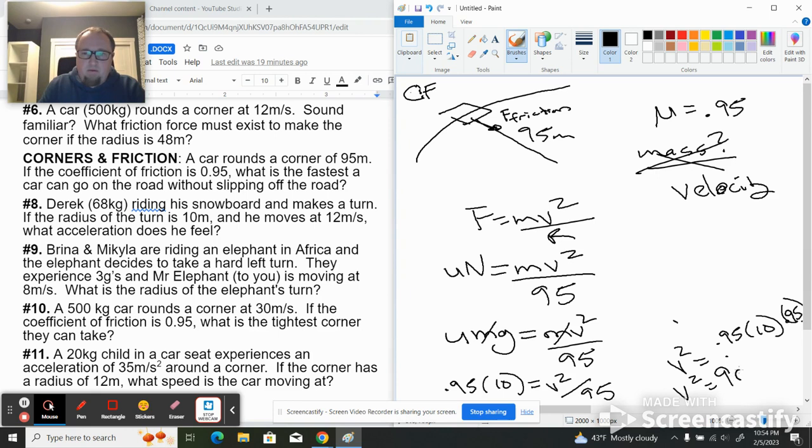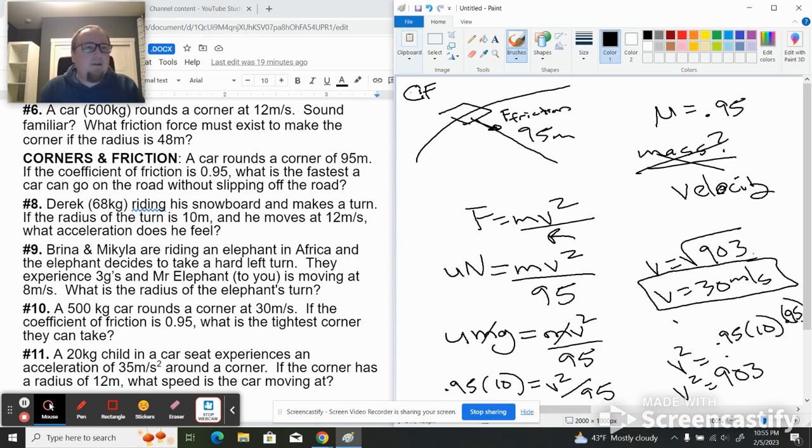I'm going to round a little. Well, if v squared equals 903, that means v equals the square root of 903. I'm just going to take the square root, and I get 30. Pretty close, so I'm just going to round, okay? That's the fastest the car can go.